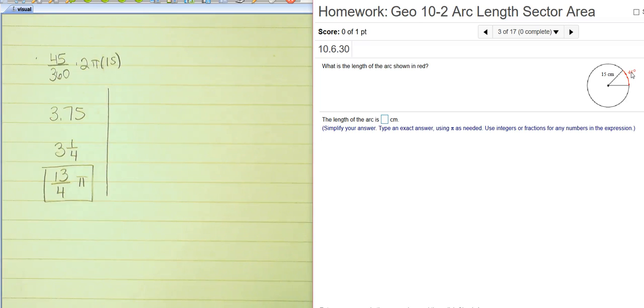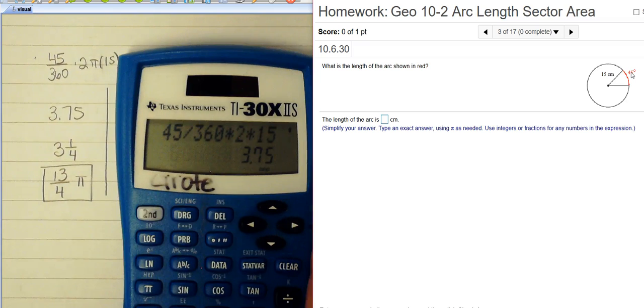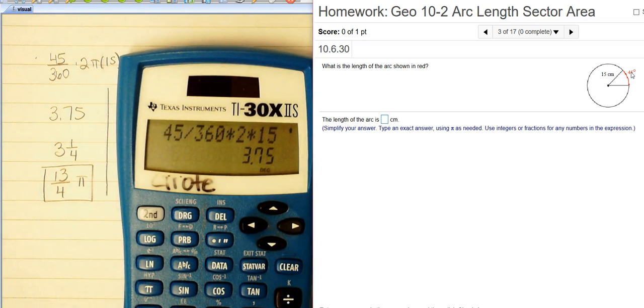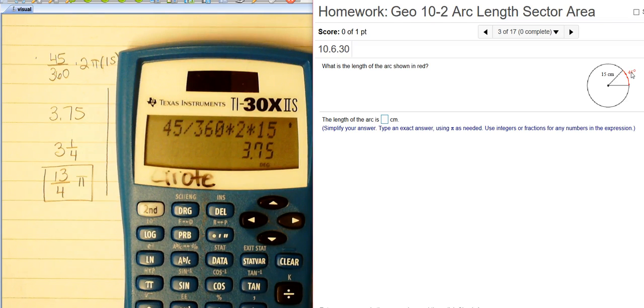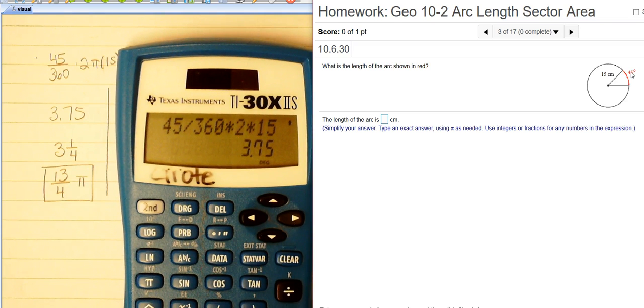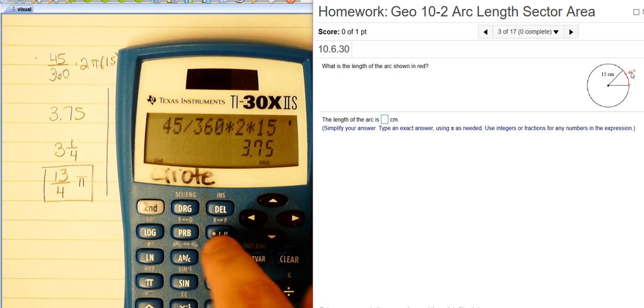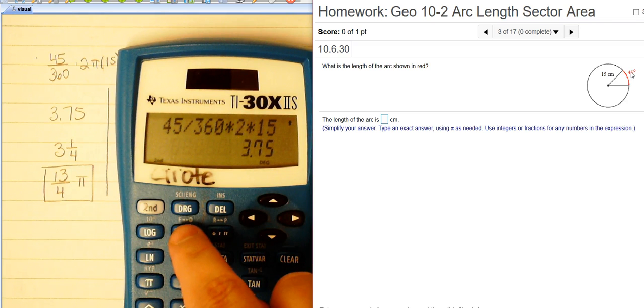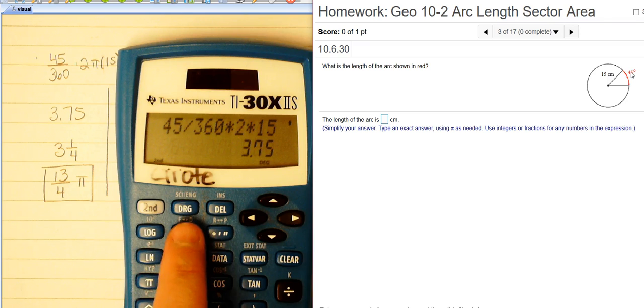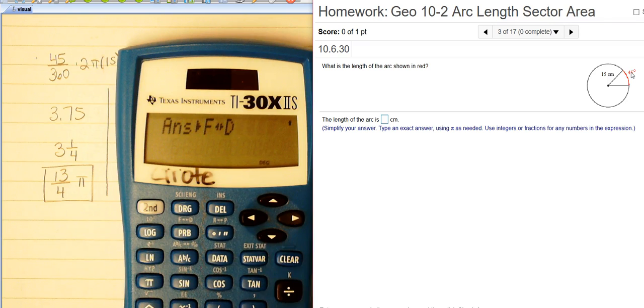Okay, now let me show you how to do that process, and you can just use the calculator to do it. First thing I'm going to do, I'm going to hit second, and fraction to decimal. That's this FD button right here. Just hit that, and then hit enter, and that will have the calculator give you that as a mixed number.